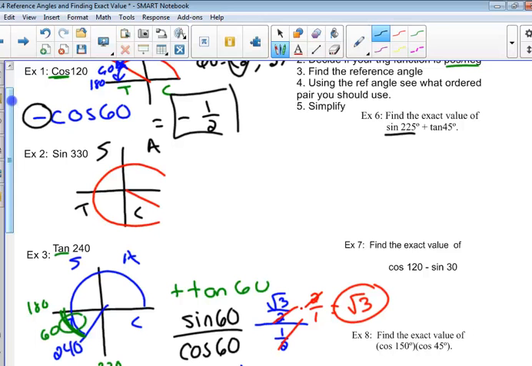So if we wanted to do the sine of 225, take a second right now, see if you guys can figure out what is the exact value of the sine of 225. And you can draw your little picture.